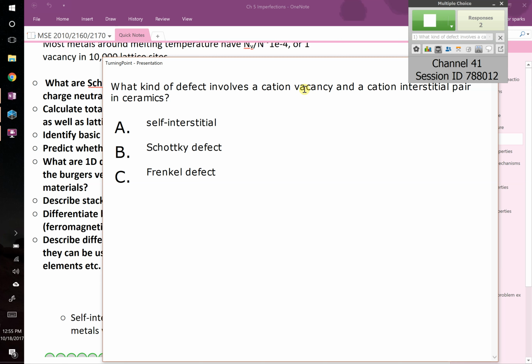Is it a self-interstitial, a Schottky defect, or a Frenkel defect? Okay, answers in A, B, or C.